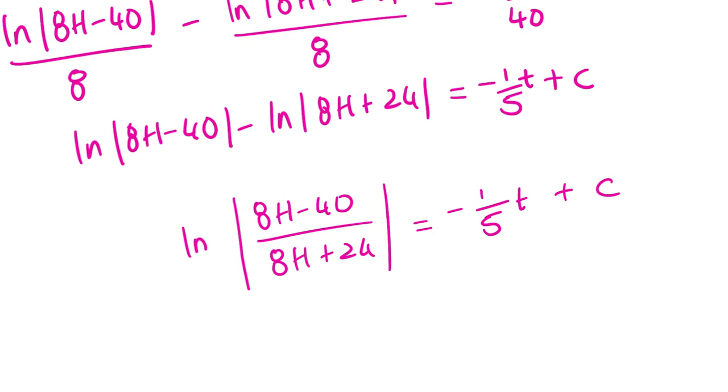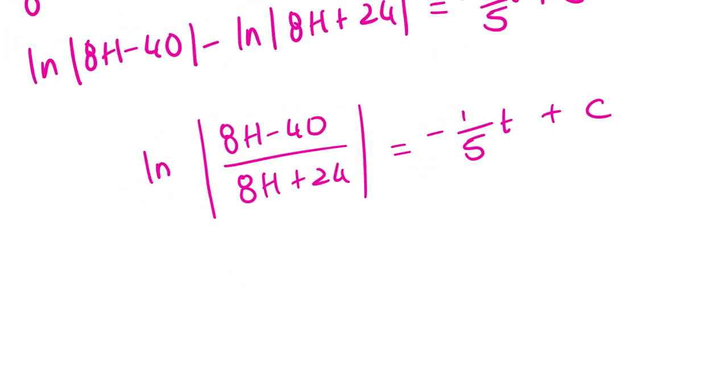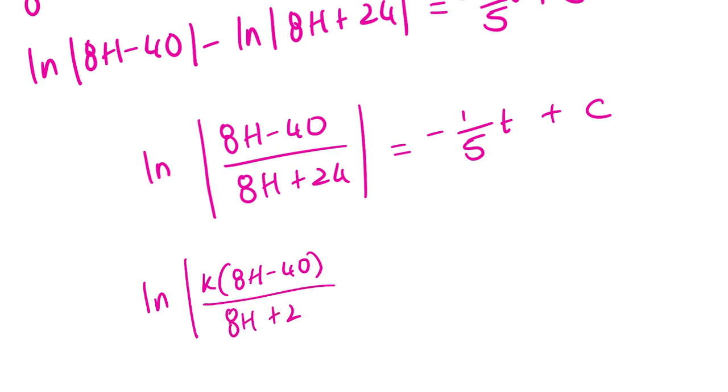We're going to have to change the c into ln k. However, can we divide everything through by 8 to make our lives easier? So we're going to have ln of k lots of 8h minus 40 over 8h plus 24 equals minus a fifth t.